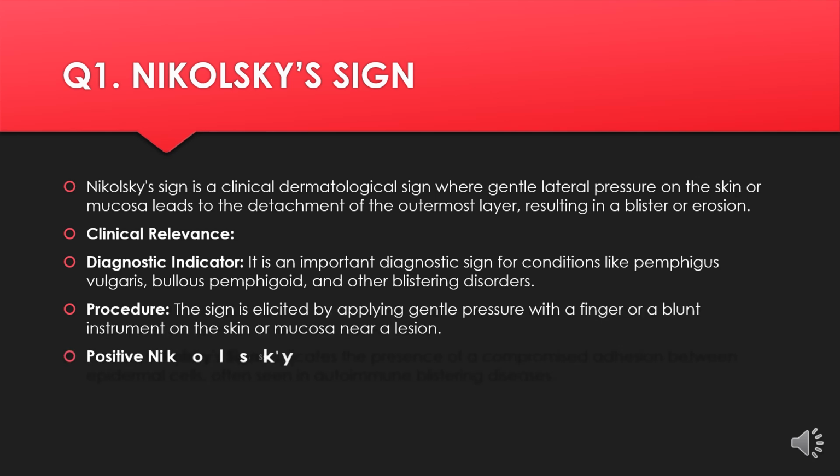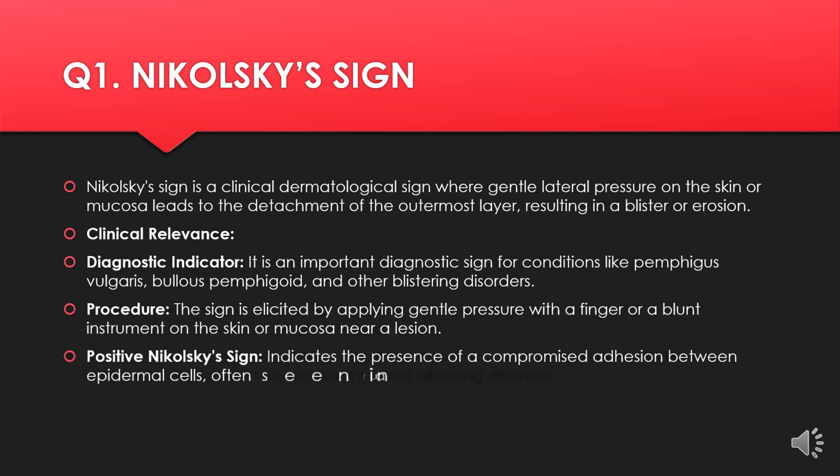The sign is elicited by applying gentle pressure with a finger or a blunt instrument on the skin or mucosa near a lesion. A positive Nikolsky sign indicates the presence of compromised adhesion between epidermal cells, often seen in autoimmune blistering diseases.